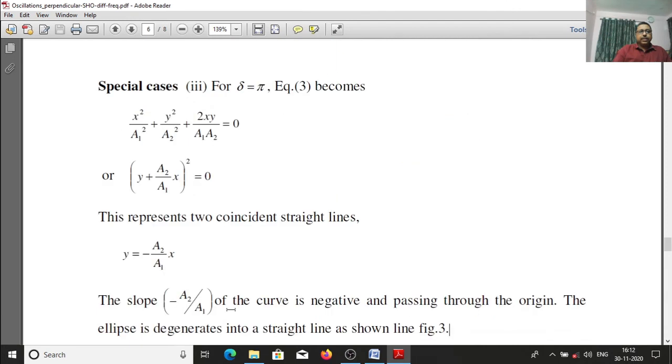Here it is noticeable that the slope of the line is negative. The value is a2 by a1, but the sign is negative, and it passes through the origin. The ellipse degenerates into a straight line as shown in figure 3.